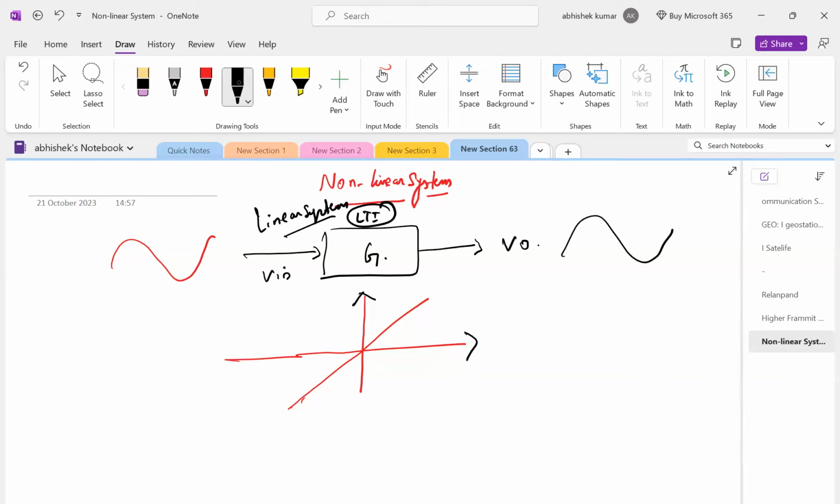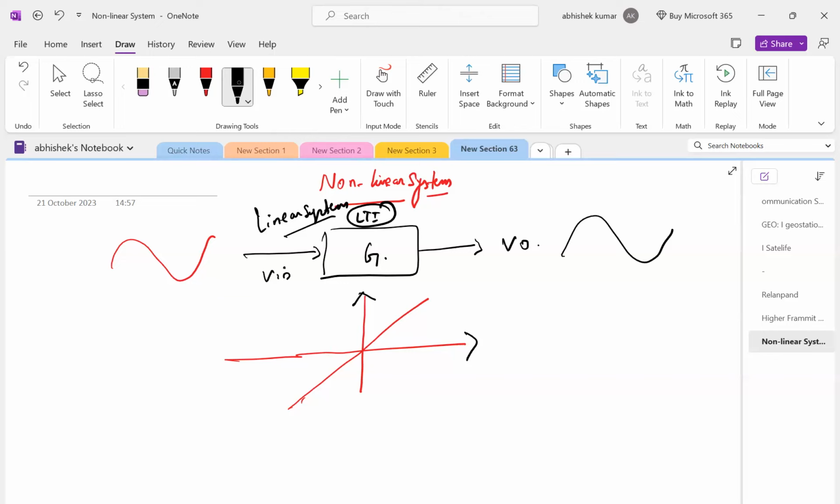To study a system, we study the non-linear system parameters. Suppose we want to compare two systems and tell which one is better, then we can compare their non-linearity features and say that this system is better or not on the basis of their non-linearity parameters.